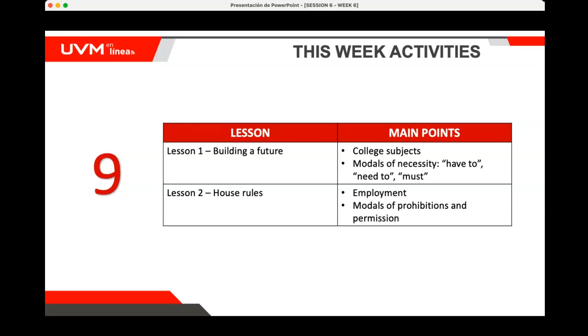In the second lesson, you work with employment vocabulary and again modals of prohibition and permission. And if I'm not wrong, in this case you worked with can, could, and may. Again, a very specific topic because, as you saw in lesson 2, we can divide modals in terms of, for example, when do we use can and could in questions or affirmative sentences?